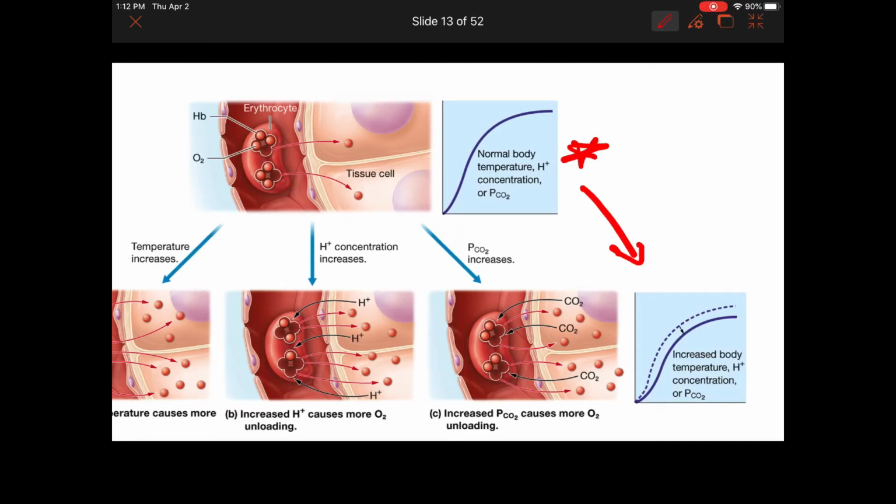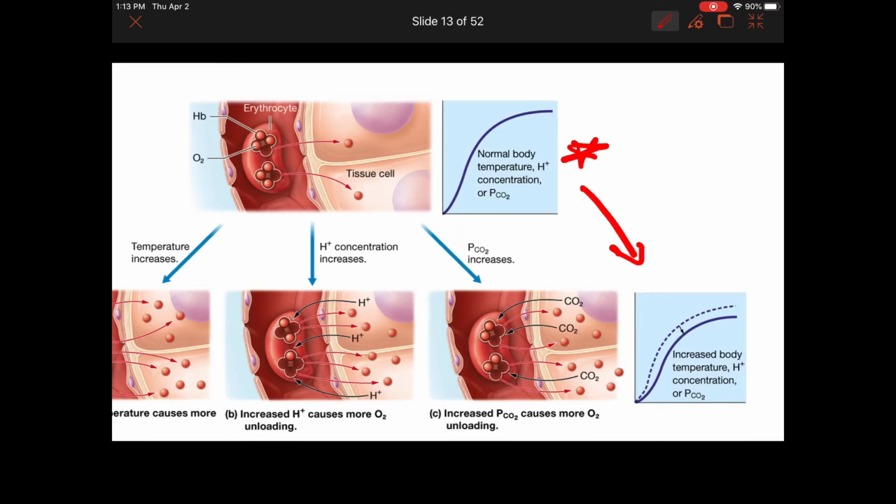With the extra carbon dioxide, extra acids, and higher body temperature, oxygen does not bind to hemoglobin as readily. In fact, hemoglobin will discharge more of its oxygen under these conditions.